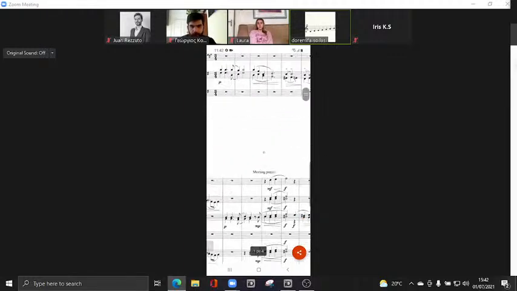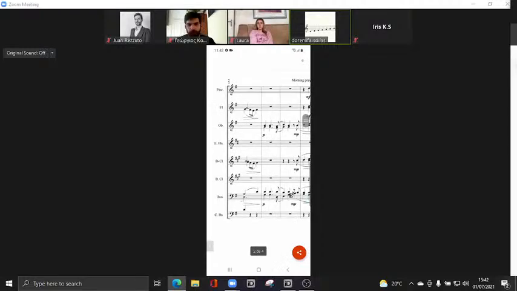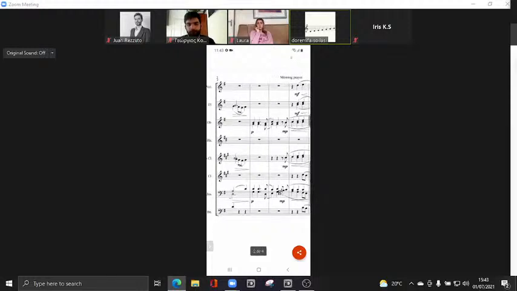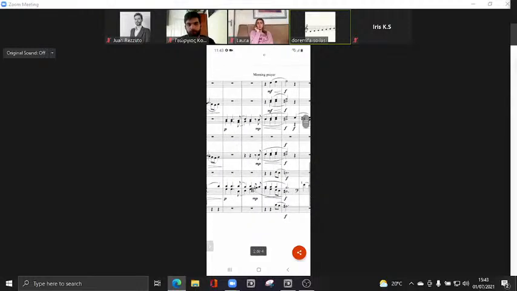Well, then what else? Here we reach the cadence. And now we continue again with the same idea. So I repeated the timbre, the oboes and the bassoons. And then I orchestrated the big crescendo.